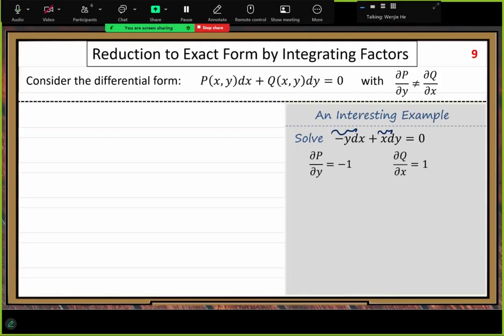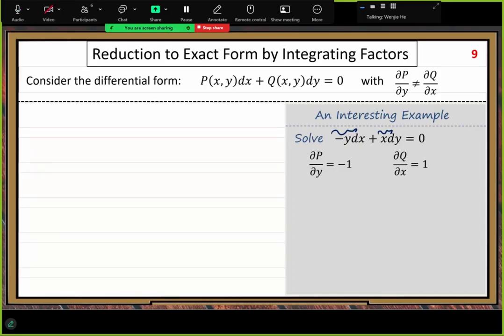Partial Q over partial x is +1. They are different, so it's not an exact differential form. But this time we want to rescue that total differential method. How to rescue it?